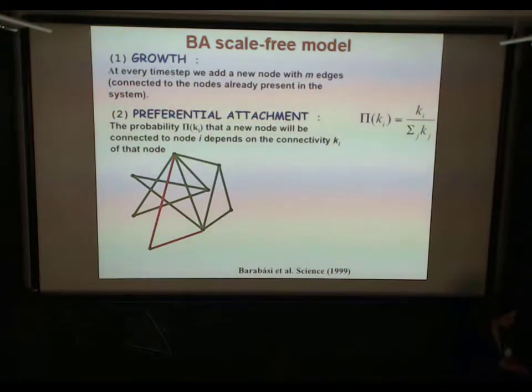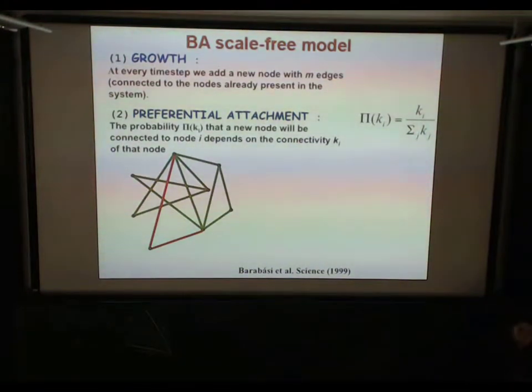There is one of the most influential models, the BA model, which is based on previous results, the Simon model and the Solla Price model for citation networks, but let's call it BA. It starts from a finite network, and then at every step we add a new node with m links or m edges.